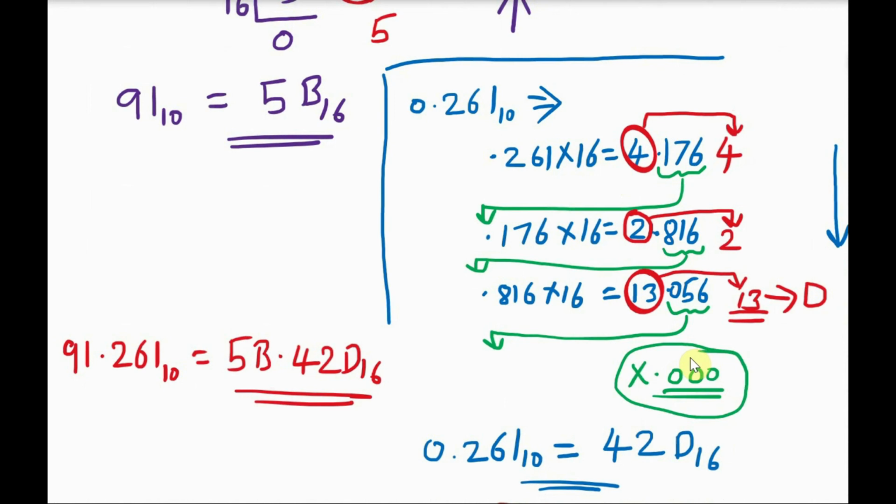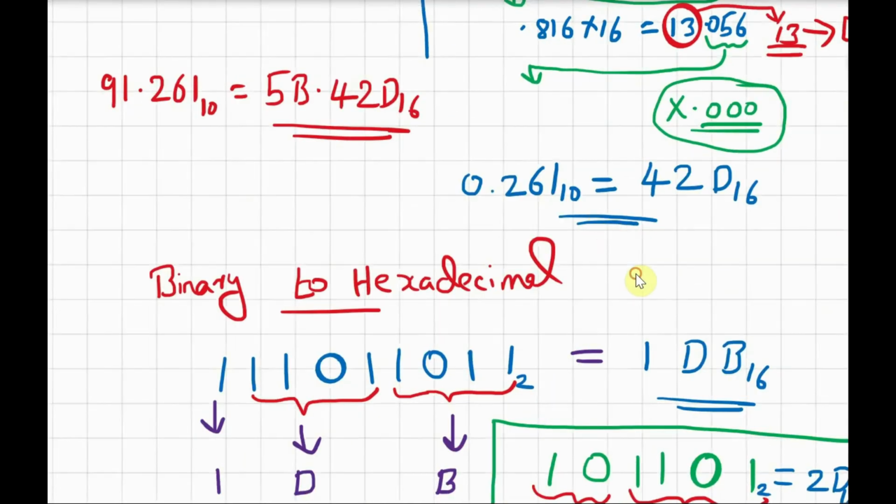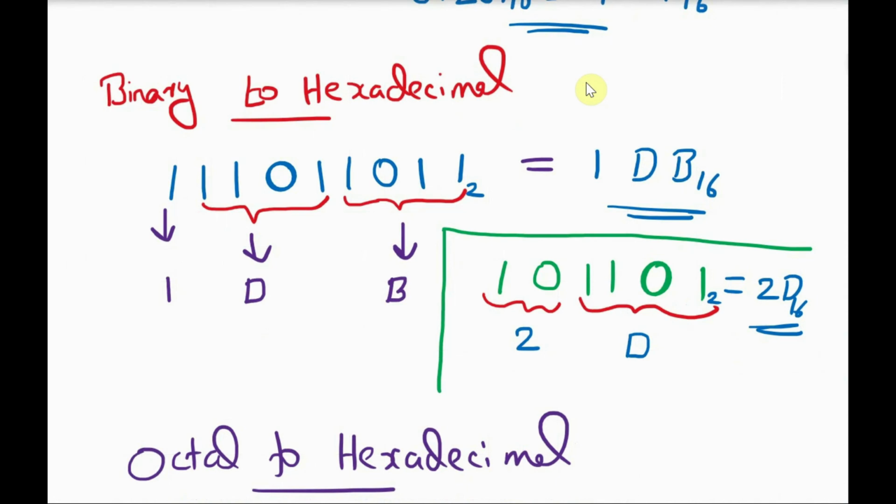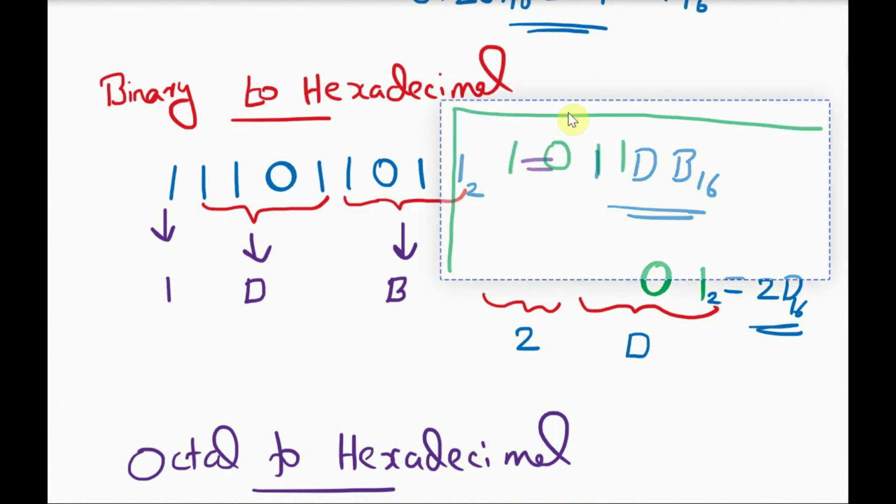If it is not reaching 0 and the multiplication is going on, we can stop after 3 or 4 places. And next we have seen the binary to hexadecimal conversion. Again, it is very simple. Group in bits of 4 from the right side, and write the corresponding hexadecimal number. So this is also quite simple.